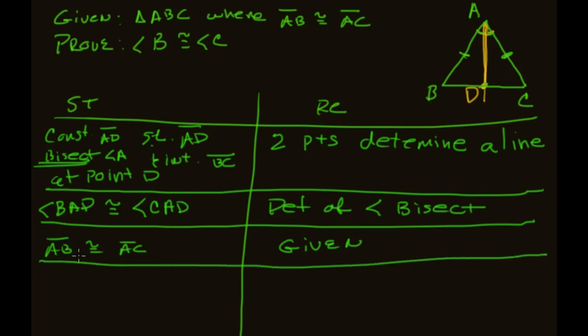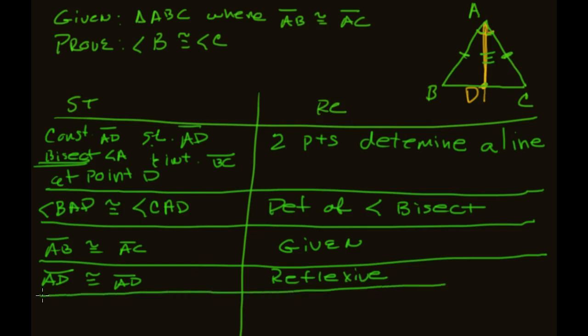And finally, segment AD, the one that I just created, is in both the left triangle and the right triangle here. So segment AD has to be congruent to segment AD, and we say that that's because of the reflexive property, because everything is congruent to itself.